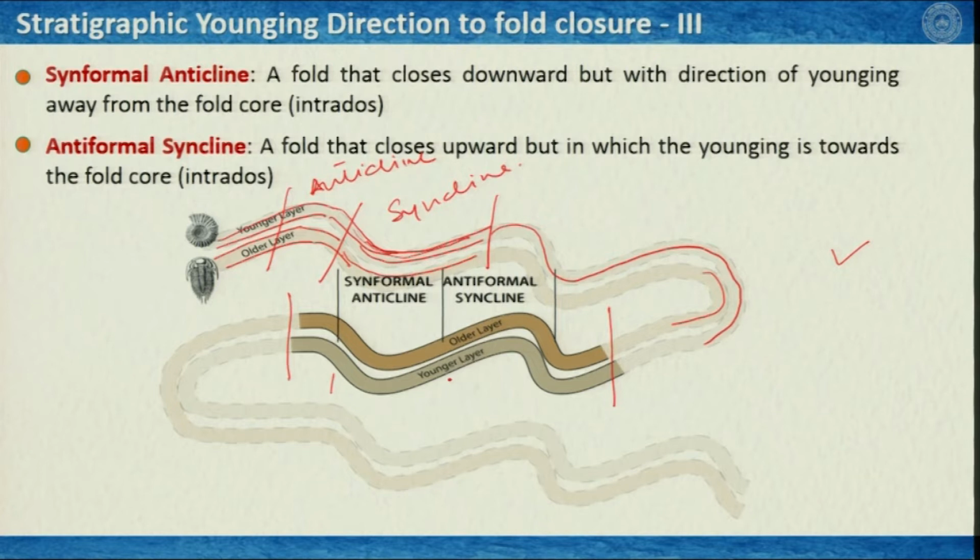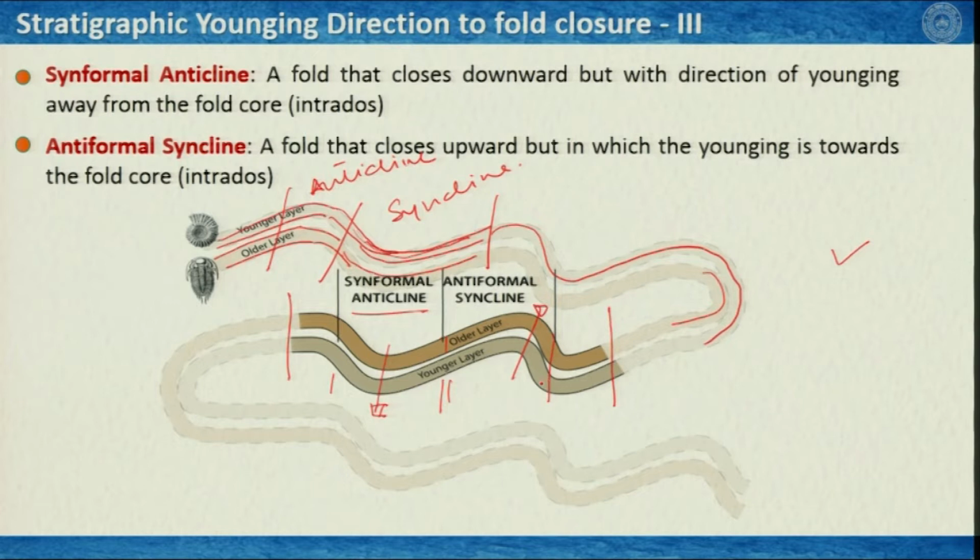In that case, this structure is a synform because it is closing downwards. It is closing this way. The structure next to this, the folded structure, is an antiform because it is closing upward. However, we see that in this, the younger layer is away from the fold core. So this is actually an anticline. Therefore, we name it a synformal anticline.